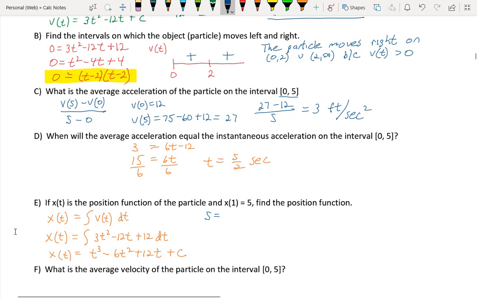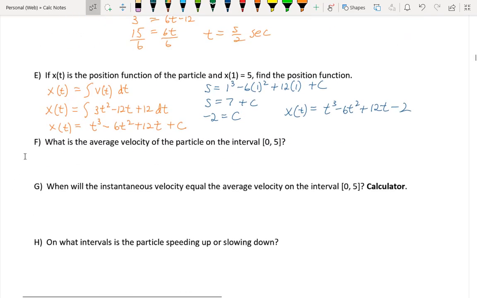So here we go. 5 equals 1 cubed minus 6 times 1 squared plus 12 times 1 plus c. On the right side we get 1 take away 6 is negative 5, negative 5 plus 12 is 7, plus c. Subtract 7, so this time c is negative 2. And again, we do need to write out the function. x of t equals t cubed minus 6t squared plus 12t minus 2. There is our position function.